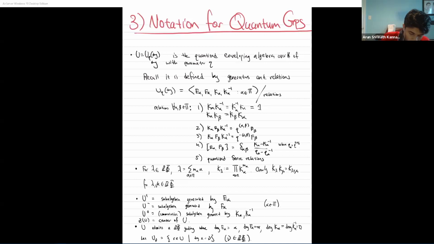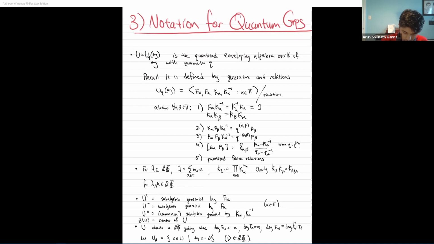So recall the quantum group U_q of g, which is the quantized enveloping algebra. Now we're not working over the complex numbers, we're working over our field K. And we'll use U from now on to denote this, fixing g and q. So recall that it's defined by the following generators and relations.